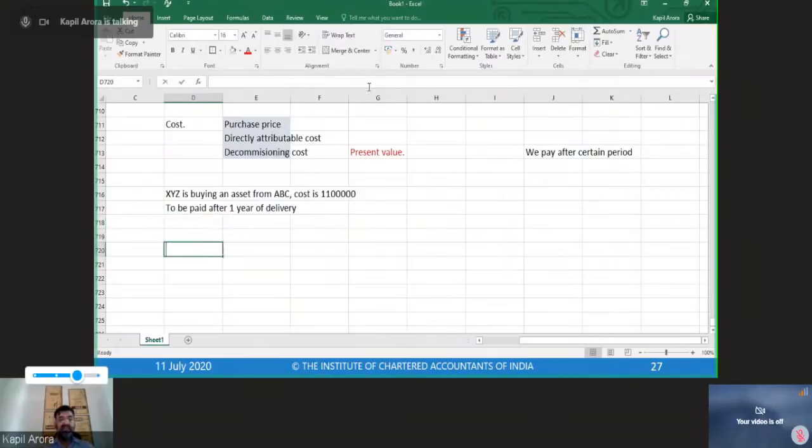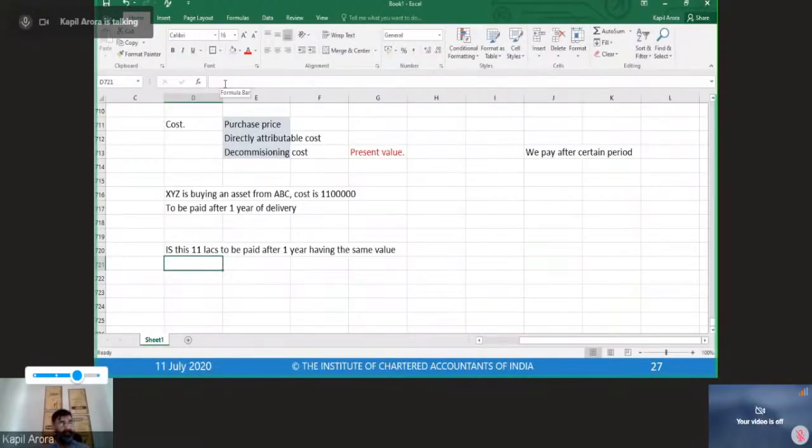Will this 11 lakh to be paid after 1 year have the same value today?